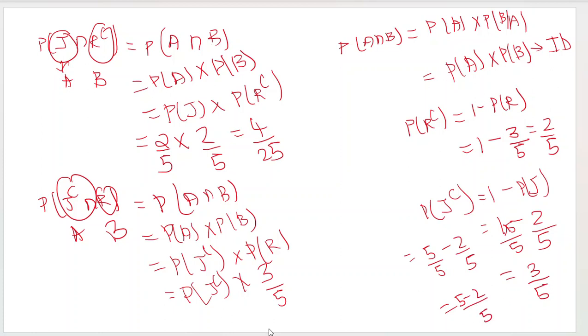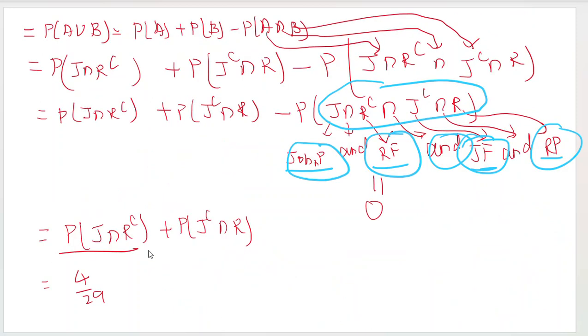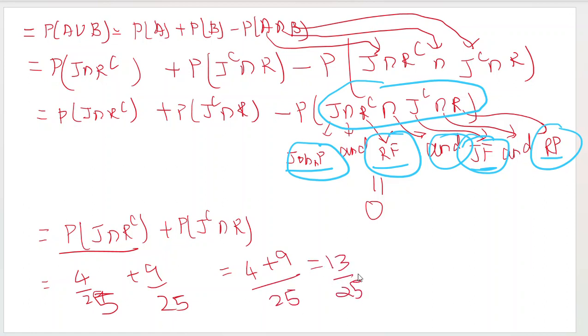Therefore, you get 3 upon 5. So P of J complement is 3 upon 5 into 3 upon 5, which is 9 upon 25. Since both of them have a common denominator, we just add 4 upon 25 and 9 upon 25, and we get 13 upon 25 as the answer.